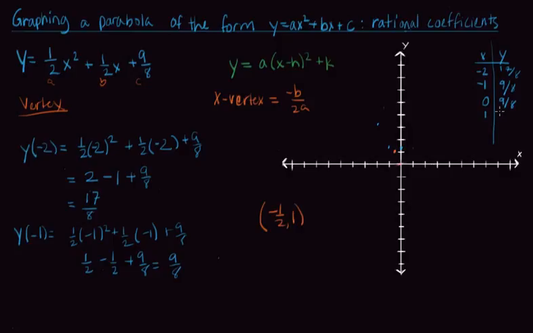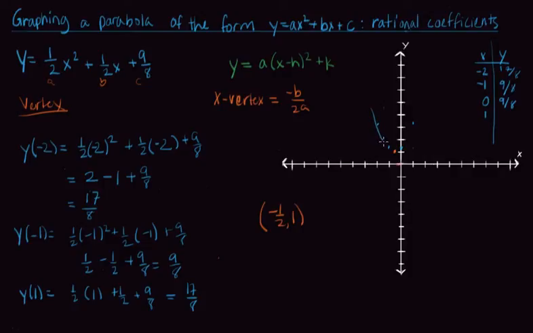And then one more point is 1, so y of 1 is 1/2 times 1 squared, which is 1/2, plus 1/2 plus 9/8. So that's 1 plus 9/8, which is 17/8, because 8/8 plus 9/8 is 17/8, and that gives us good symmetry over here too.